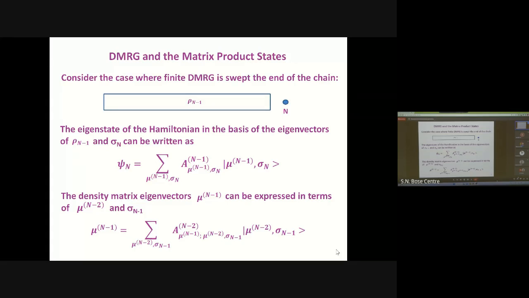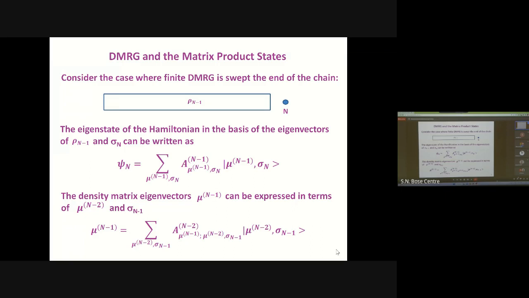So your system has n sites, and you want to express your eigenfunctions as the eigenfunctions of the density matrix rho n minus 1 and the Fock state space of n. Fock states are the last site. So which means that psi n I can write as a sum over the density matrix eigenvector mu n minus 1 and the states of the last site sigma n, and mu n minus 1 sigma n. So this is the way I can write my eigenstate.